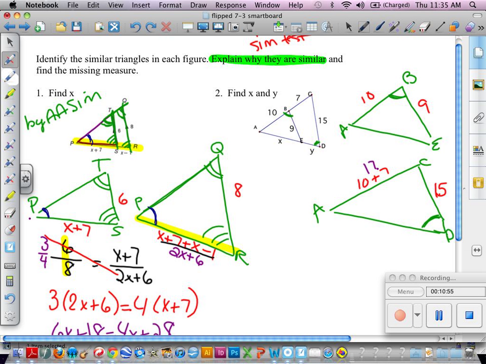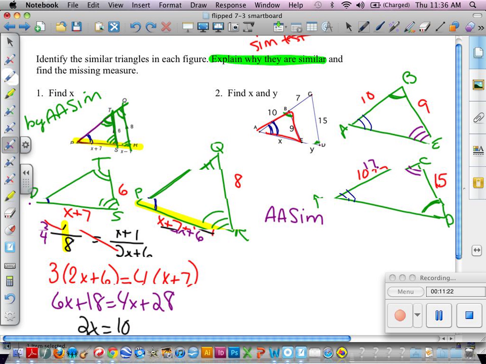Then, I took the little triangle and the big triangle, don't both of them have angle A in them? So I need to mark angle A. And I'm going to just mark the third one. So these two triangles are similar by AA similarity. We got two angles. I'm going to mark this third one just so that helps me.